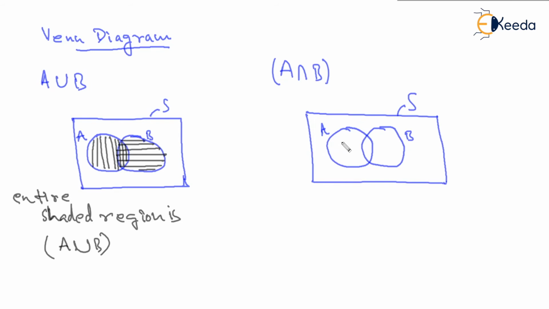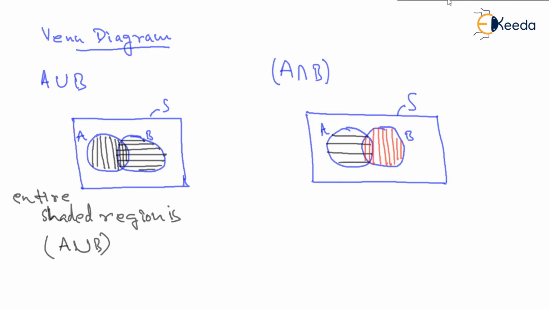What comes under A is this one, and what comes under B, let's say this one, right?